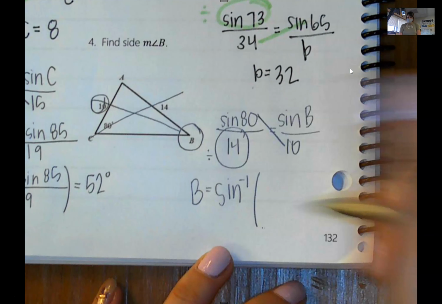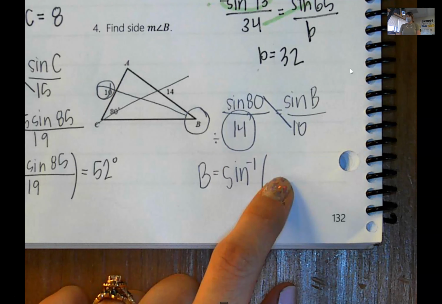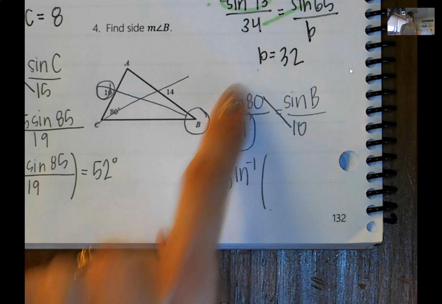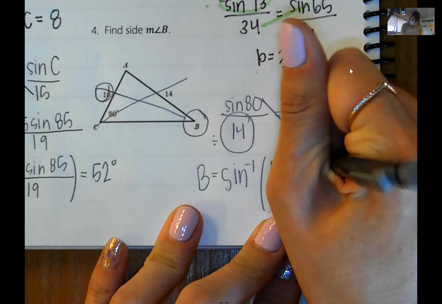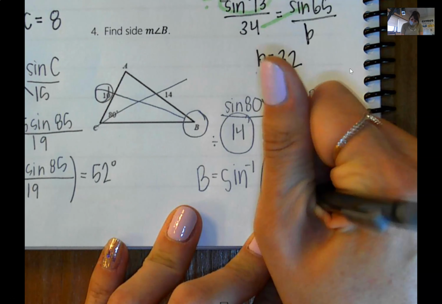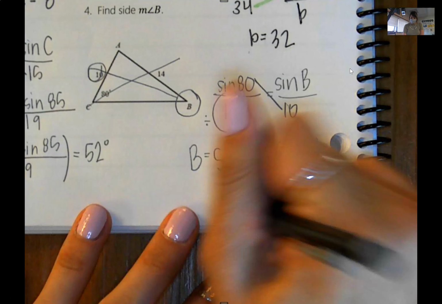And then I'm going to write down what I multiplied. I'm not going to plug this in and find a decimal. I'm going to write this whole thing in. 10 sine 80 over 14, and that's what I'm going to plug into Desmos.